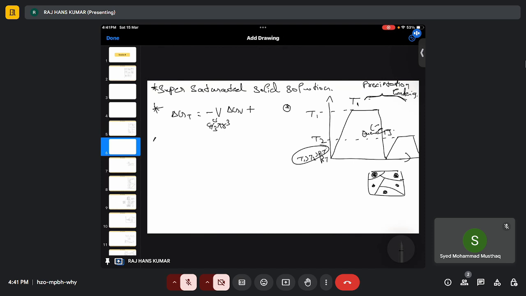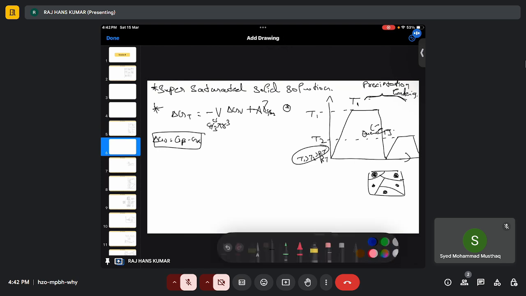So delta GV will be equal to G beta minus G alpha, plus the surface area of the sphere times gamma alpha beta, because beta is forming inside an alpha. And my area is 4 pi r squared.